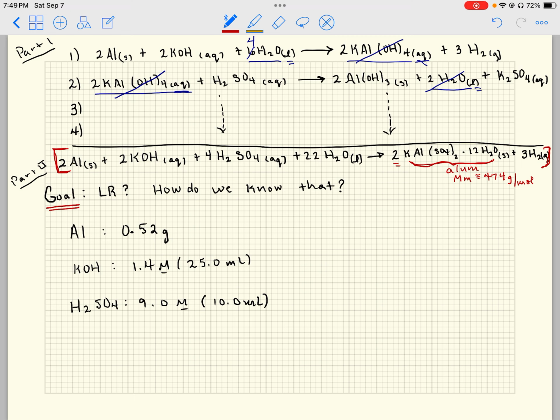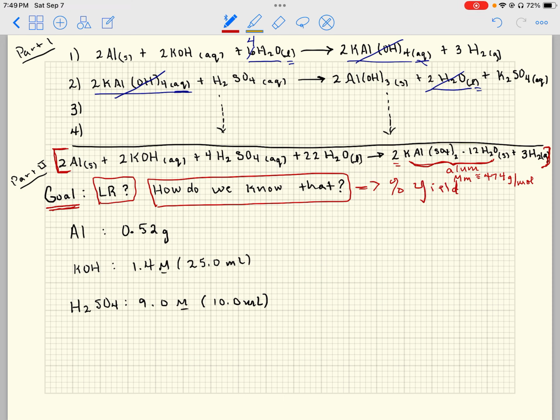The second part is actually, the goal for that is to determine what is the limiting reactant. And how do we know that that's our goal? Because on the report form, ultimately what it asks for is the percent yield.